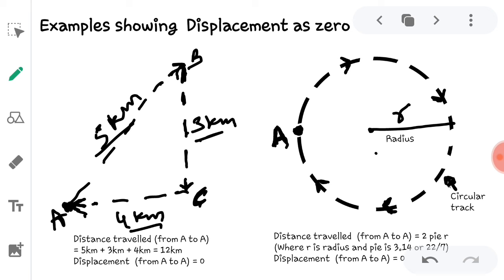Displacement here is again 0, because starting at point A and ending at A, the person becomes stationary. There is no displacement in this case. In both cases displacement will be 0, and distance will be 2 pi r and 12 kilometers. So these are the basic examples which we have shown you in this video.